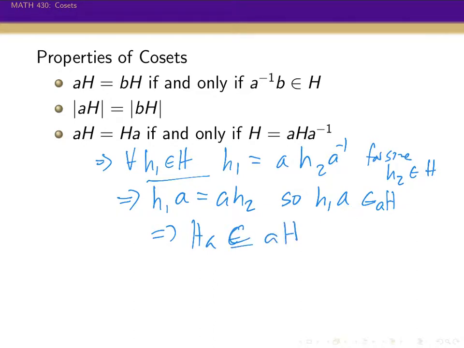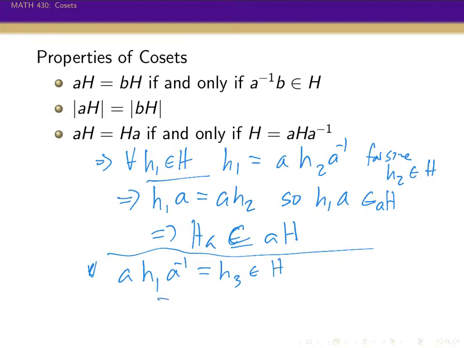On the other hand, using the equality the other way, if H1 is in H, then H1 A inverse is going to equal some H3 in H, and so we have H1 is equal to H3A, and so AH1 is inside HA.